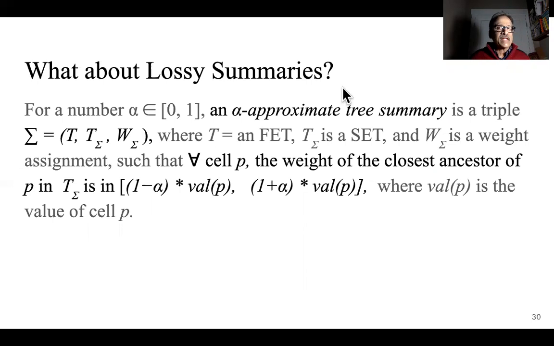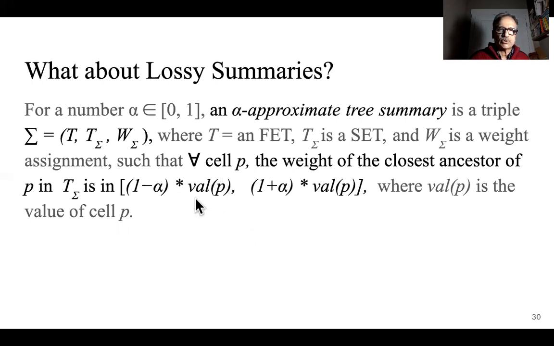What about lossy summaries? The way I define match makes it sound like it's only good for exact summaries or lossless summaries. No problem. If you want a lossy summary, let's say alpha is the loss parameter, then we can generate an alpha approximate tree summary by doing something as simple as changing the notion of match from an exact match to one that says the weight of the closest weighted ancestor of the cell in question has to lie in this interval.